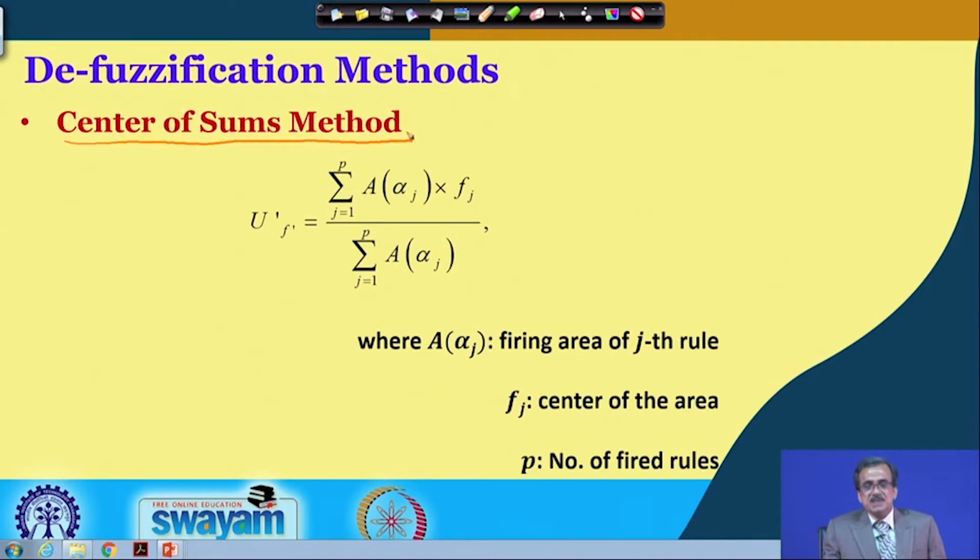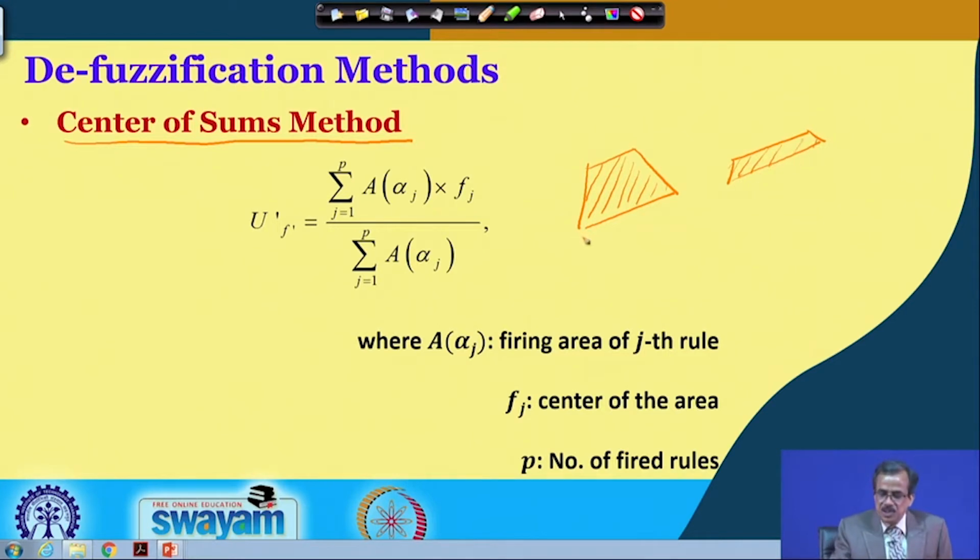Now, according to this particular method, the center of sums method, supposing that we have got 2 fired rules. For the first fired rule, supposing that I have got this type of output, that is nothing but the truncated triangle, and for the second fired rule, supposing that I have got this type of output, that is another truncated triangle, and of course, here there are some numerical values, those things I am not writing.